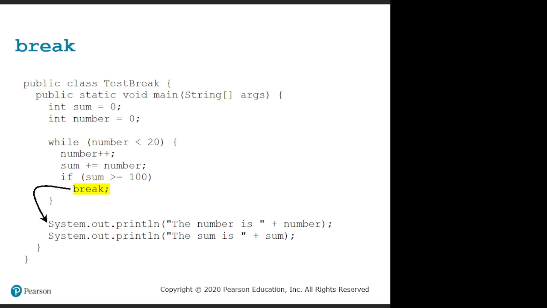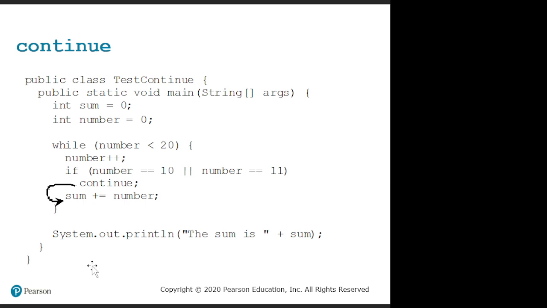And what a break statement does is we are in this block, and if I get a break, it will exit the block. And continue, when continue happens, continue skips over all of the body of the code and continues the while loop.